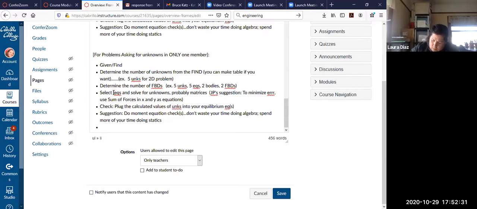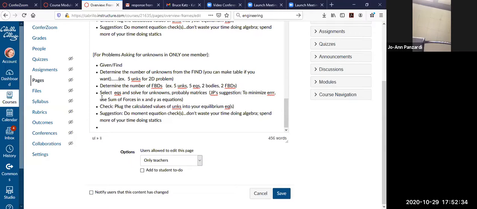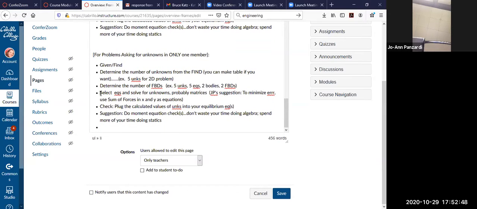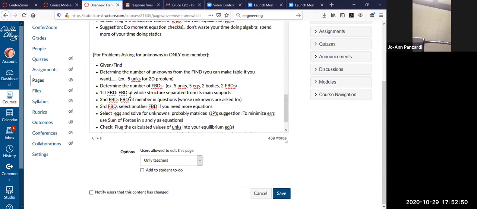So now the next thing is typically on these, you're going to draw a free body diagram. Select equations. I would do this. First free body diagram is the one of the whole structure. Second free body diagram of the member in question, and we may not need any more. Only draw a third free body diagram if you need more.